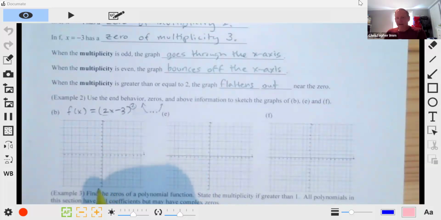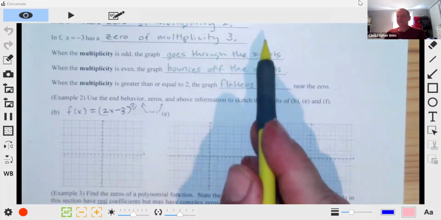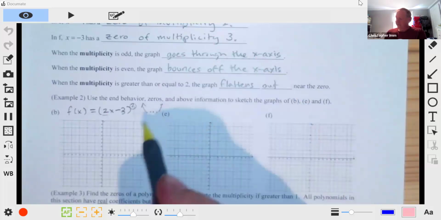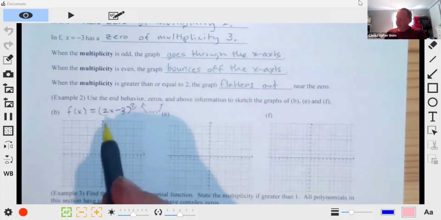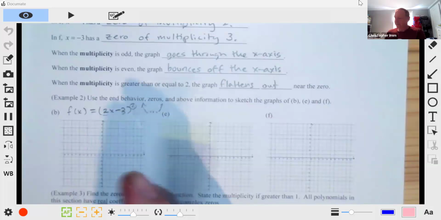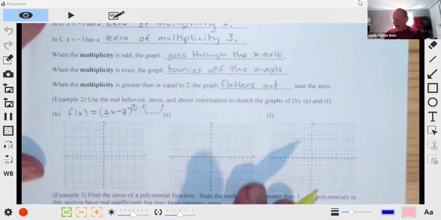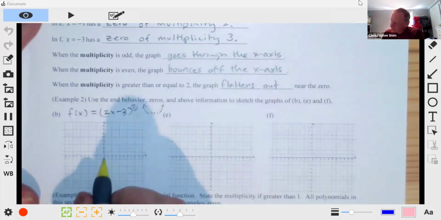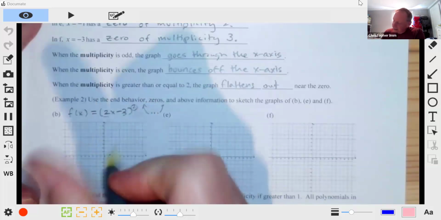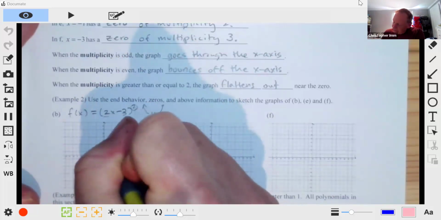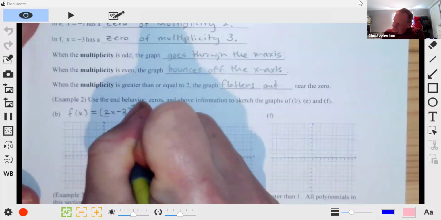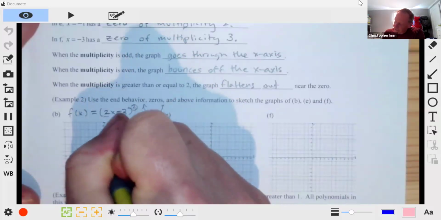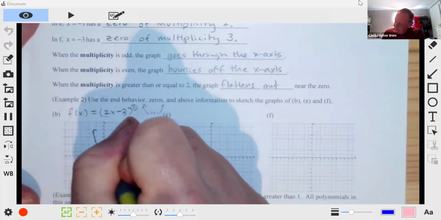So this is a second degree, so we should see it bouncing off the x-axis. So if we look at our end behavior, and then we know our 0 is going to be at 3/2, which is right here, it's going to act like a parabola. In fact, this is going to be a parabola. It just opens upward. And there's a nice sketch.